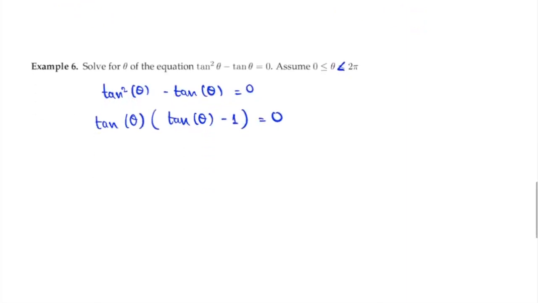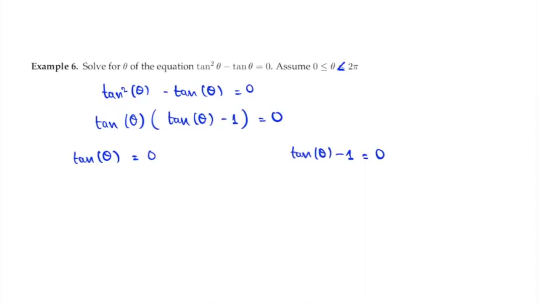Okay, so you have a product of tangent of theta and tangent of theta minus 1 equal to 0. So you solve tangent of theta equal to 0 or tangent of theta minus 1 equal to 0, and you solve these two equations separately.